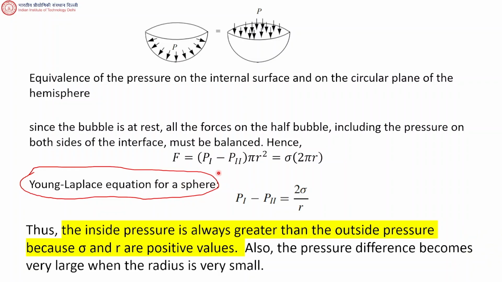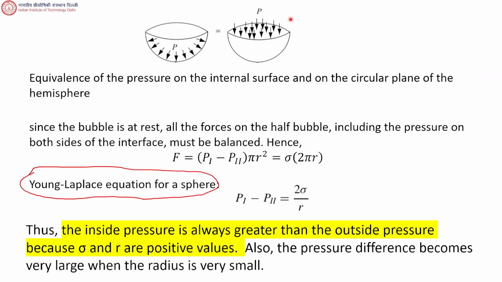Actually what we get is, if we take the difference of these two pressures, because we are projecting on this plane, we can take the difference of these two pressures, multiply it by pi r square to get the pressure force. Is that okay? Yeah, so that should equal sigma times 2 pi r, isn't it?